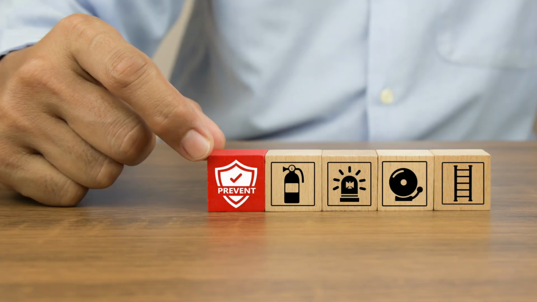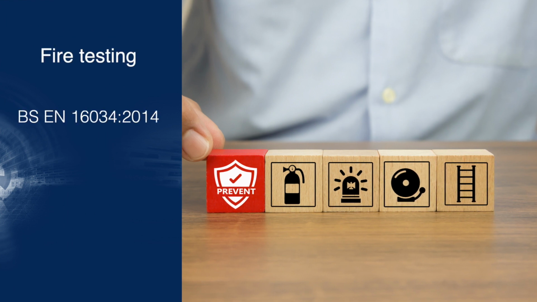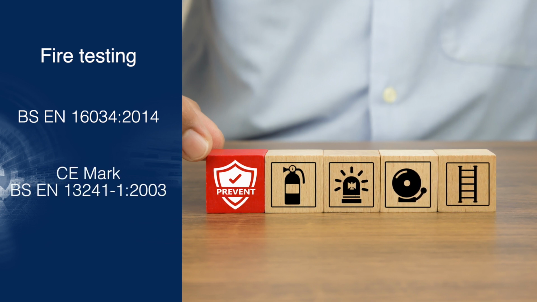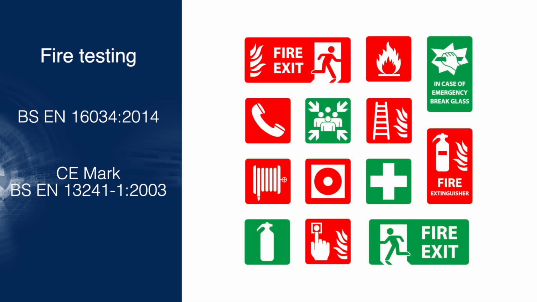In November 2019, the UK government implemented new legislation requiring all fire products to undergo testing to meet the BS EN 16034 standard and be CE marked to BS EN 13421.